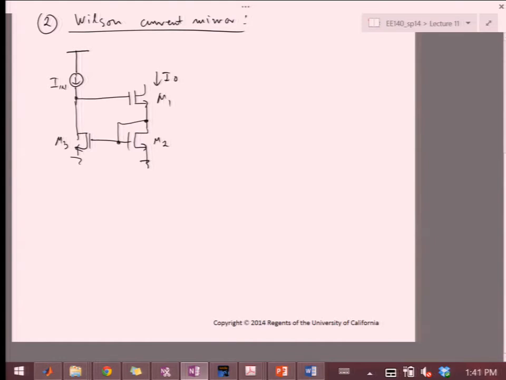There will be I out here. I'm going to be looking also at R out, and we're going to label this as VO, and then again, this voltage will be our VN. So let's take a look at the little experiment here. If I increase V out, what happens with I naught? Does it increase or decrease?